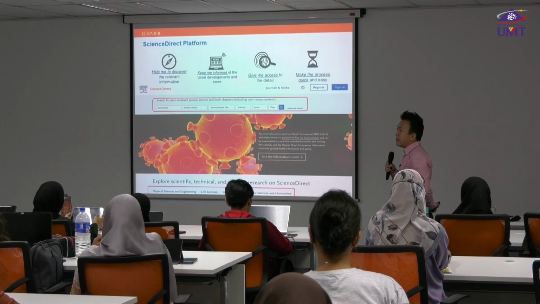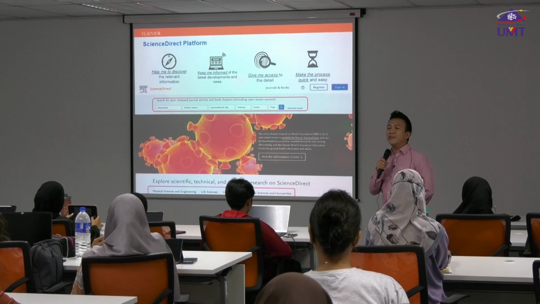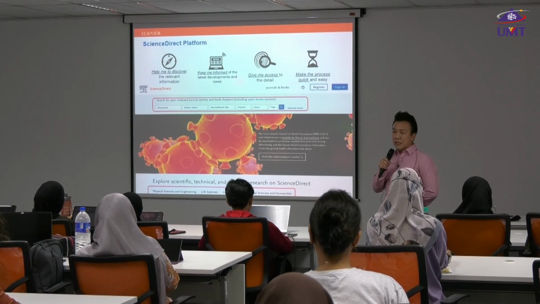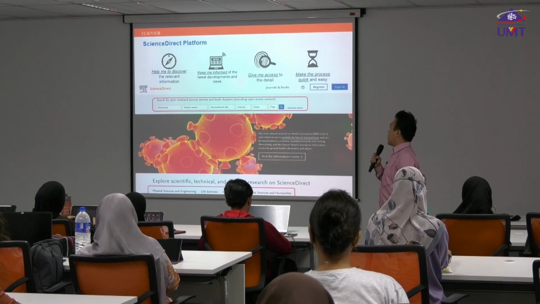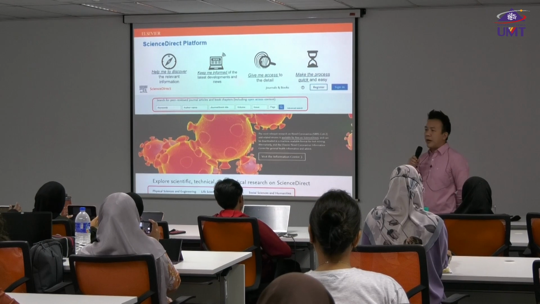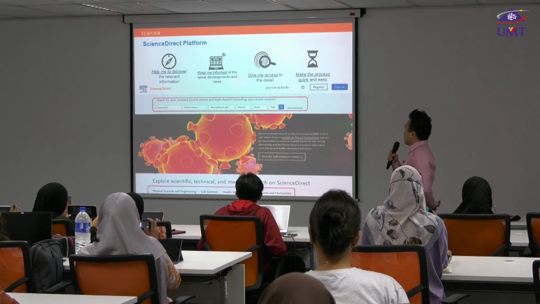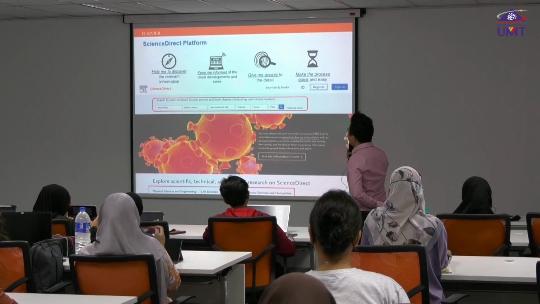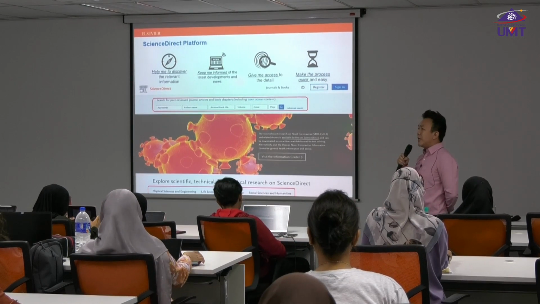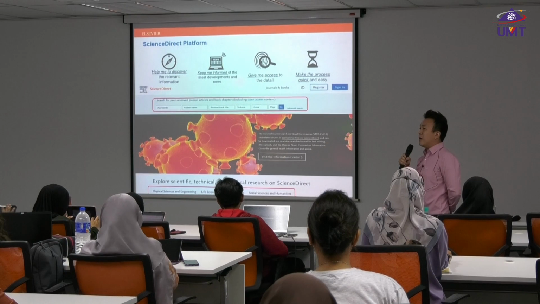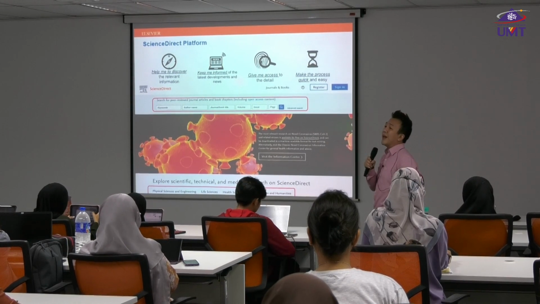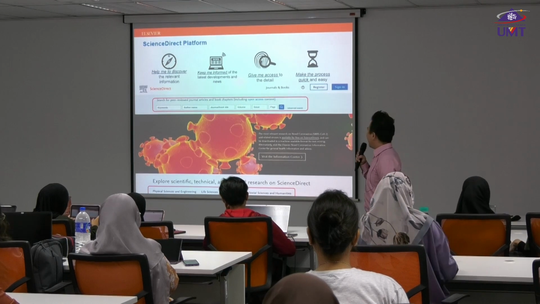And author's name, unless you specifically know that is the top subject expert in your field, then you can key in the author's name. Otherwise, I will just suggest you search by keywords. Journal or book title, unless you have a specific book title that you know is already inside Science Direct, then you can search. Otherwise, I will still recommend you to search by keywords, right?